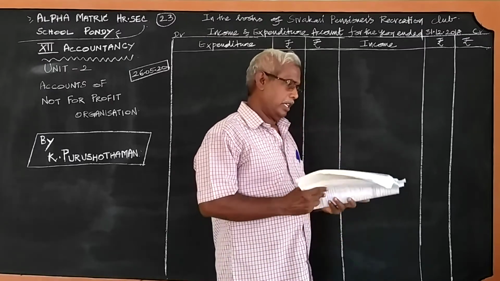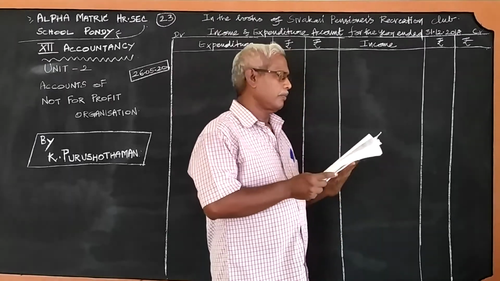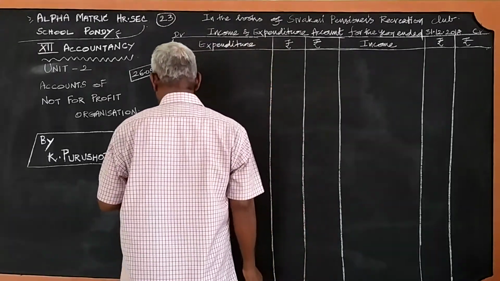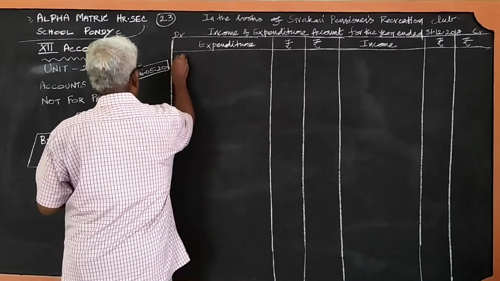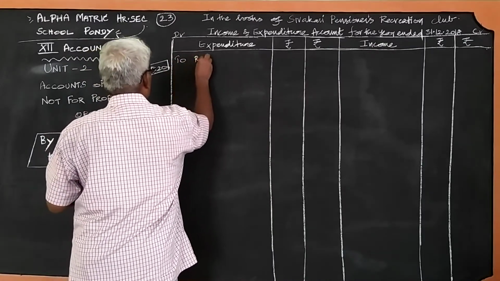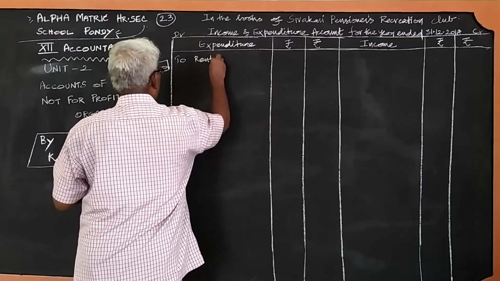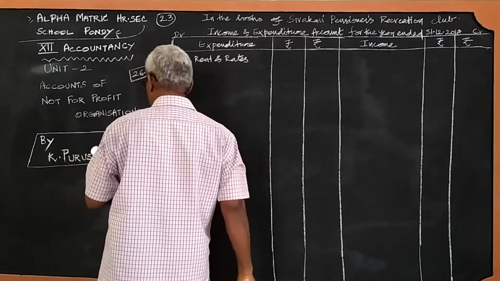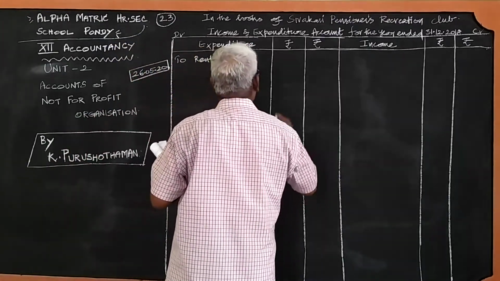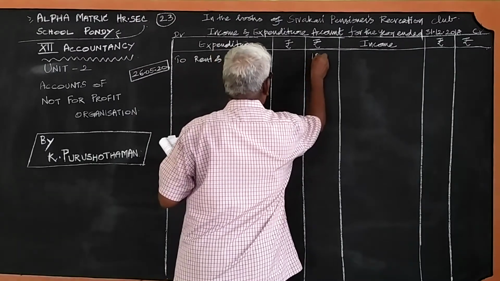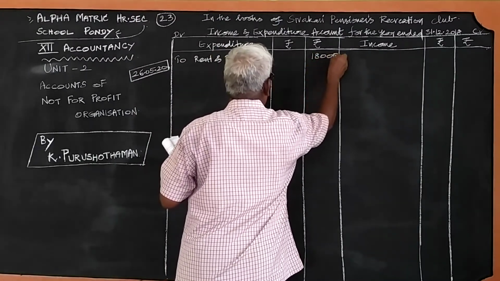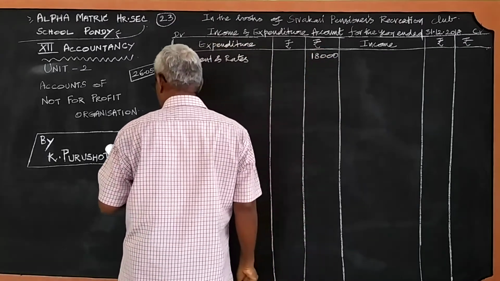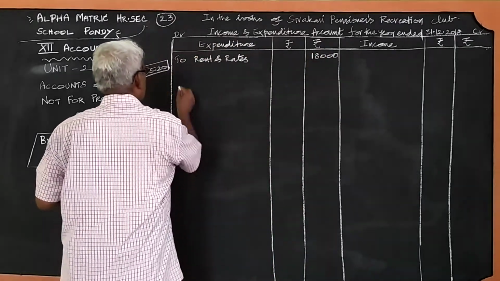Okay, right. Now we shall go to the payment side. Rent and rates, 18,000. Second one, electricity charges.